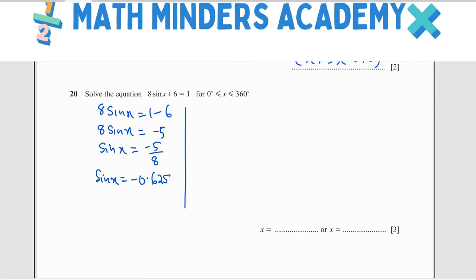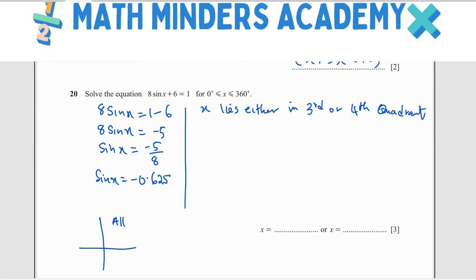So now it means that x lies either in the third or fourth quadrant. This is the only quadrant where the value of sine is negative. Remember, here all are positive. So here sine is positive, cosine is positive, and tan is positive. First quadrant. Second quadrant, sine is positive, that is for angles greater than 90, less than 180.